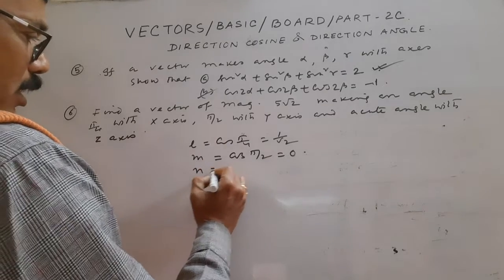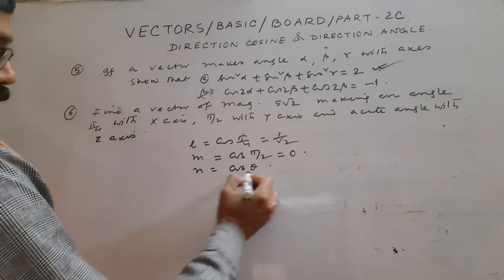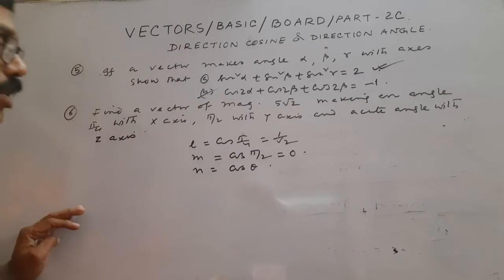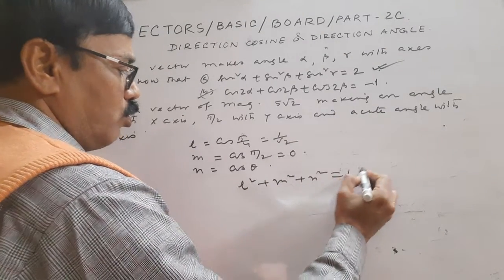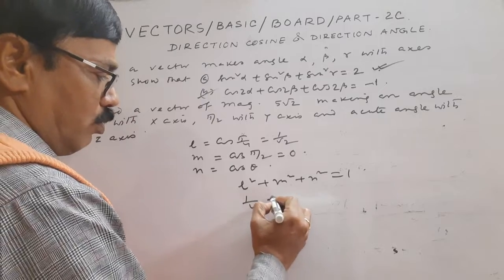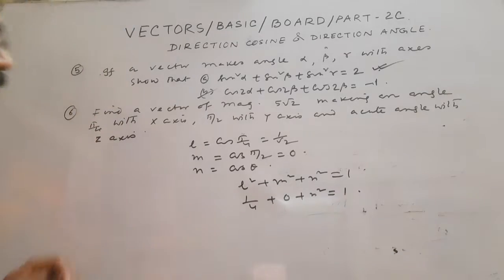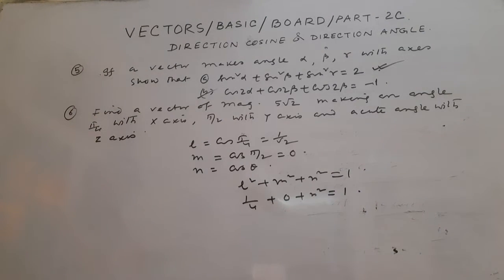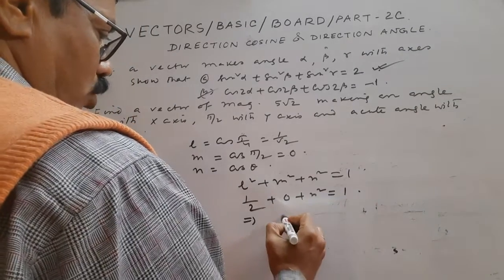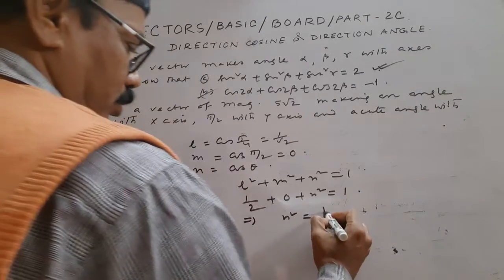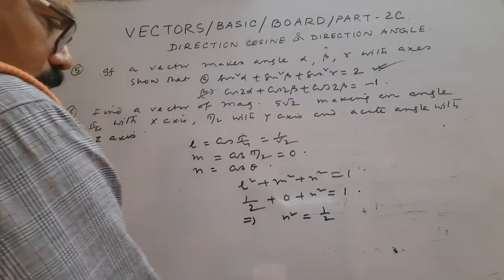So what is n? Suppose n equals cos theta, the angle made with the z-axis. So l square plus m square plus n square equals 1. So 1 by 2 plus 0 plus n square equals 1, since cos square pi by 4 is 1 by 2. So n square equals 1 minus half, which is half.